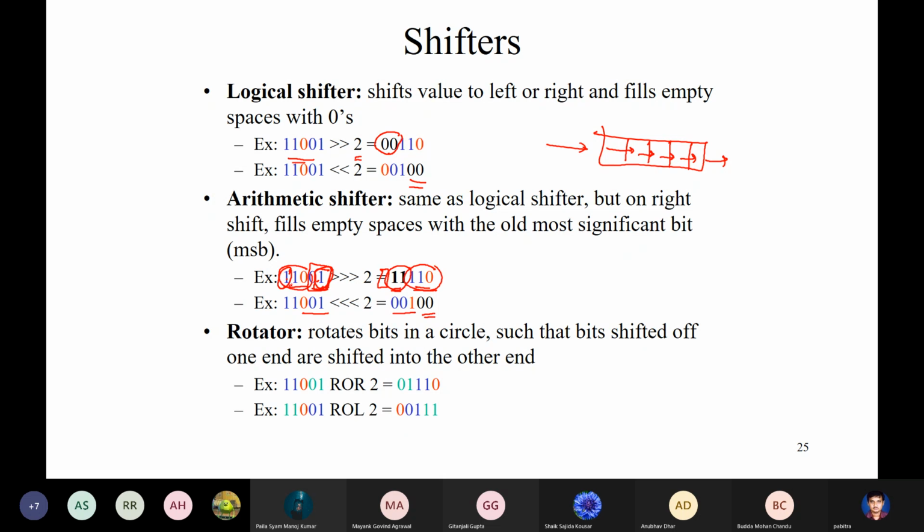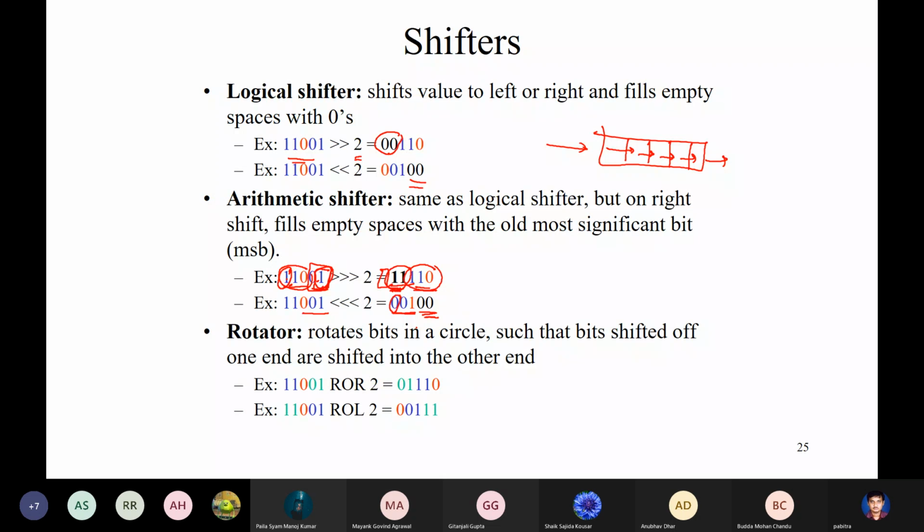The MSB which is there is copied and fills up the empty spaces. Similarly, 001 you are filling up, and the 0 is the MSB, so that is what you are copying. So whatever part you are shifting, the MSB of that part would be copied to the empty spaces. Maybe I'll check up, maybe I messed up the definition.